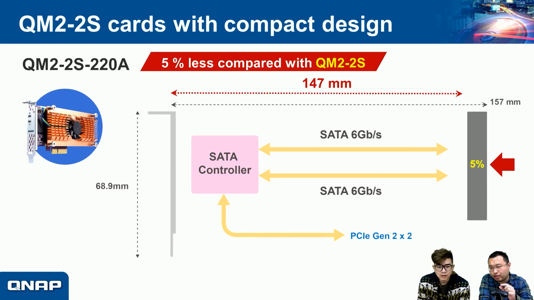And again, just to show you the PCIe, this card is PCIe Gen 2 by 2, so a total of about 1,000 megabytes per second. You connect to a SATA controller and then 2 ports, so still very sufficient bandwidth to support the dual SATA SSDs.